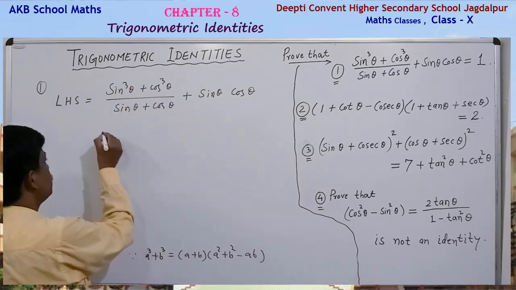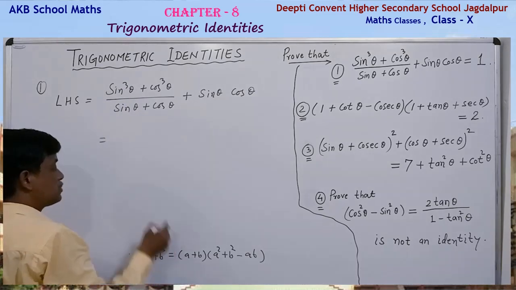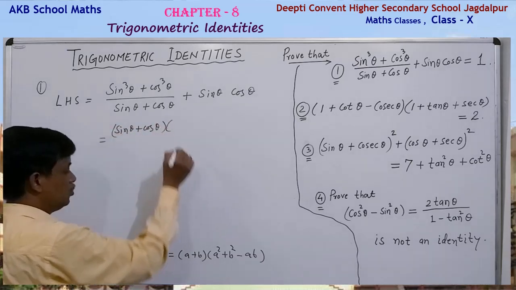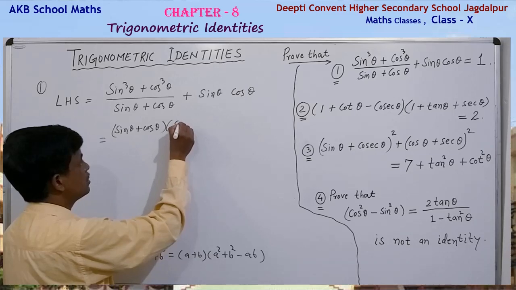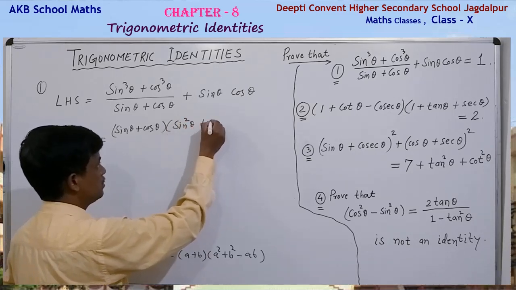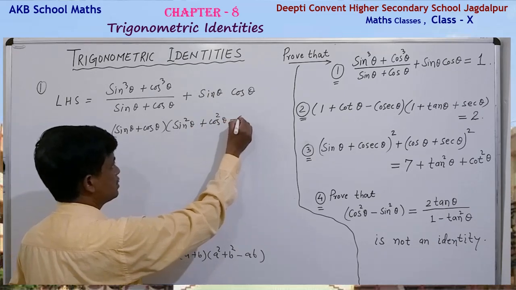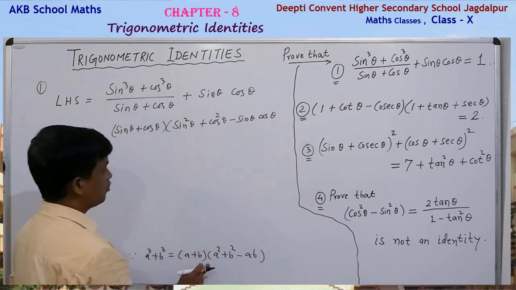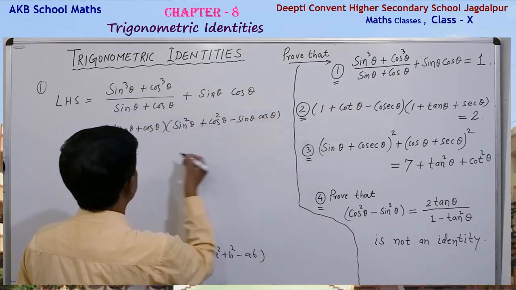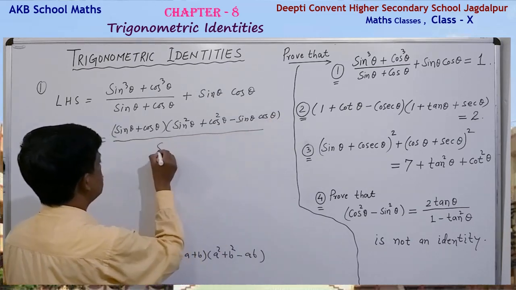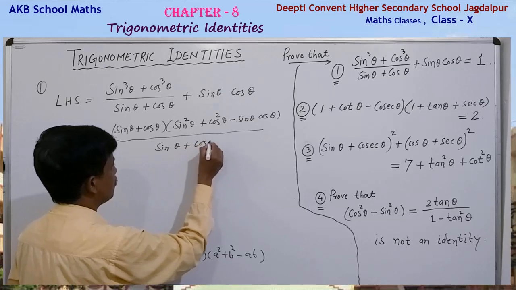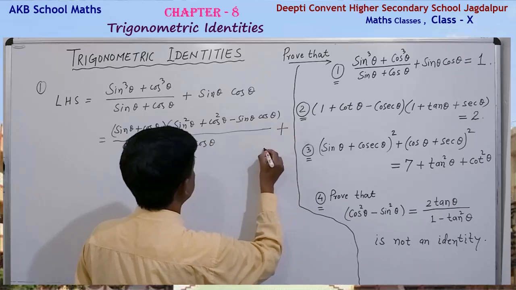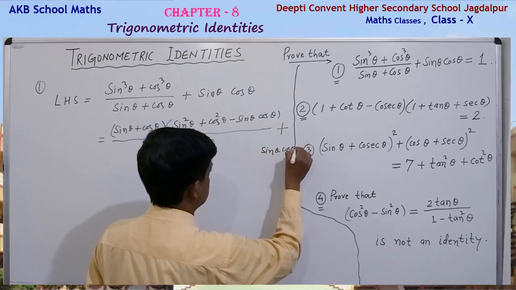Using this we can write: a plus b means sin theta plus cos theta, into a square plus b square minus ab, means sin square theta plus cos square theta minus sin theta into cos theta, upon sin theta plus cos theta, plus sin theta into cos theta also is here.